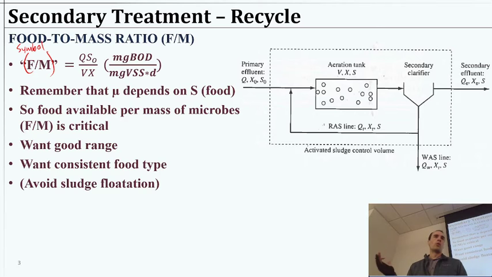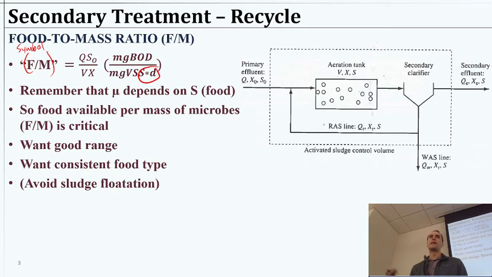But essentially what we're taking there is the milligrams of BOD, the food, per liter, and dividing that by the amount of mass per liter, so milligrams mass of bacteria, milligrams VSS per liter. The liters will cancel, and we also have days here. So this is not just food to mass, this is food per day per mass.